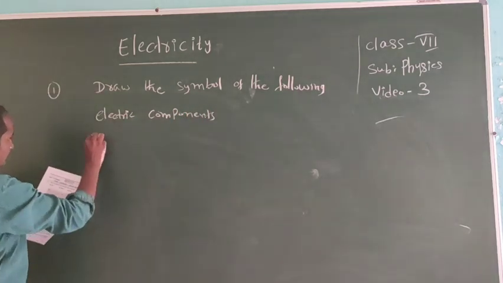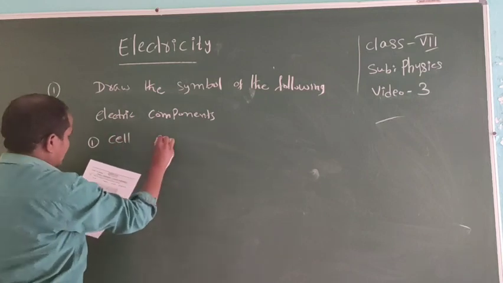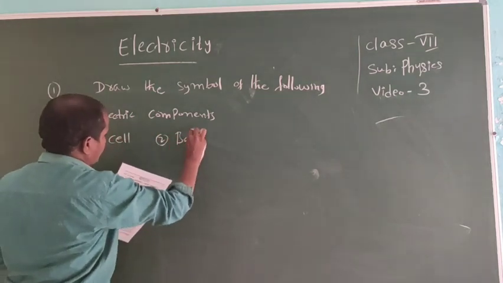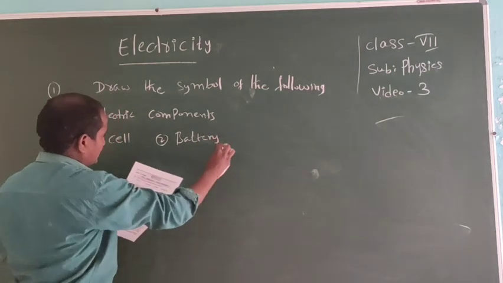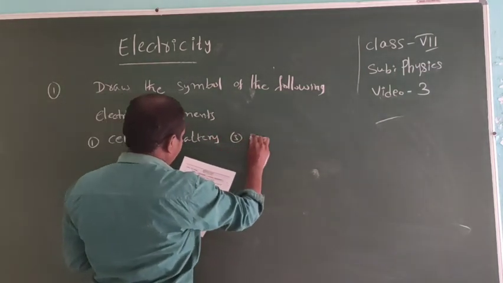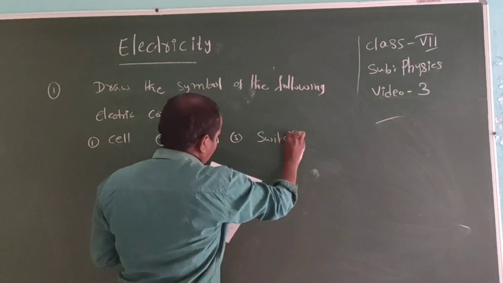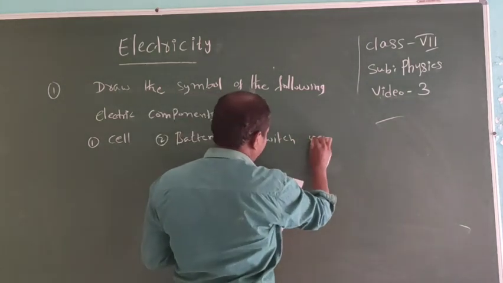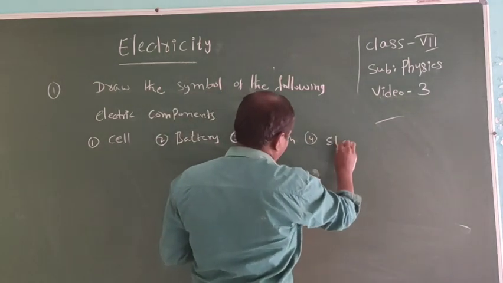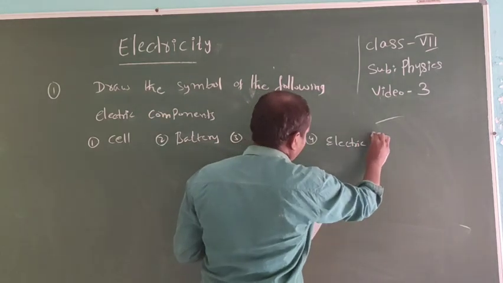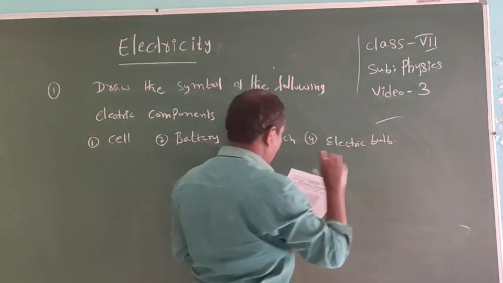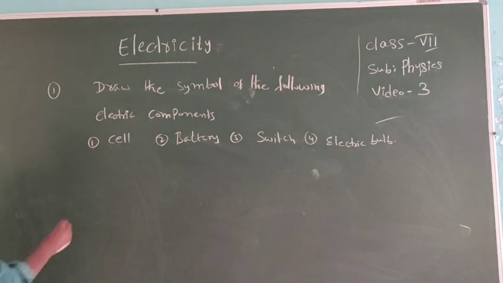First one is cell. Next one is battery. Third one is switch, and the fourth one is electric bulb.